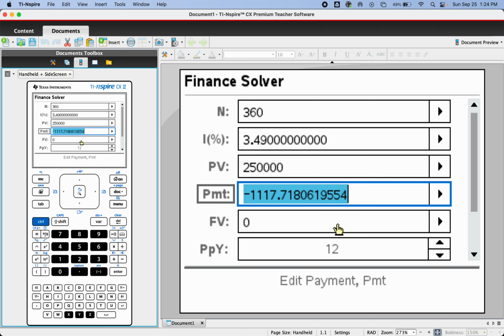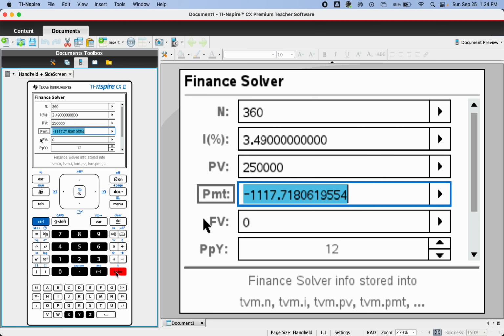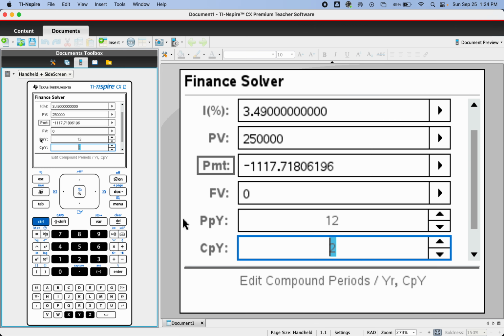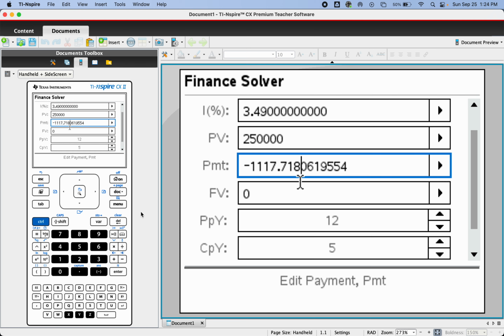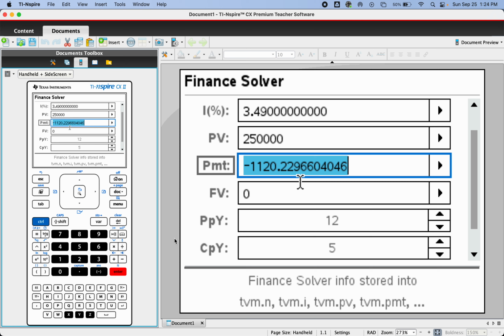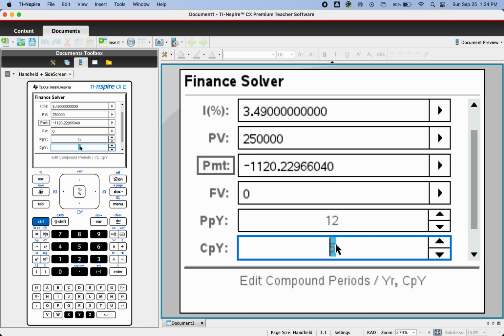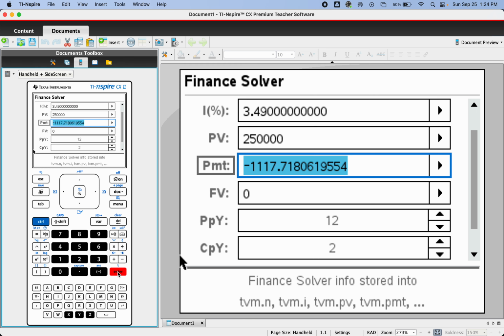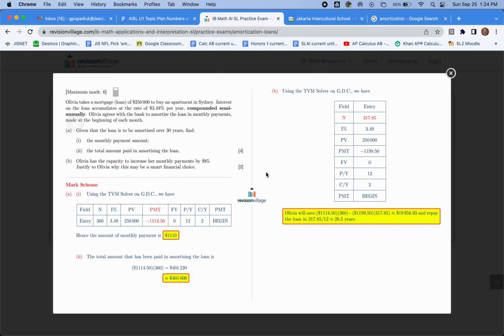I don't really know, guys, why this is off. 360, 3.49, 250,000. Future value 0. I'm actually not sure why this is doing this incorrectly. Oh, let's put that back to 2.